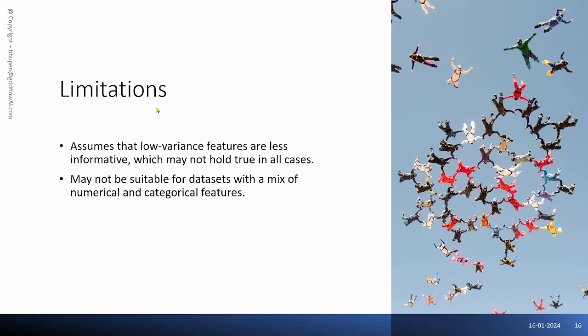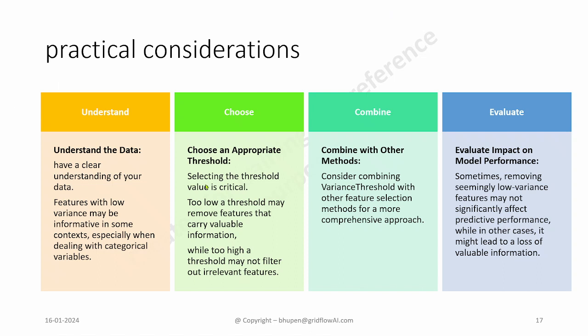Now there are limitations with this method also. Low variance does not always mean poor data. So in situations like variance threshold, we need to be very careful about setting the right threshold. So understanding of the data is important. Choosing the right threshold is important.